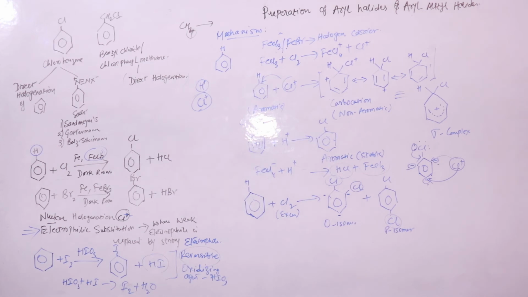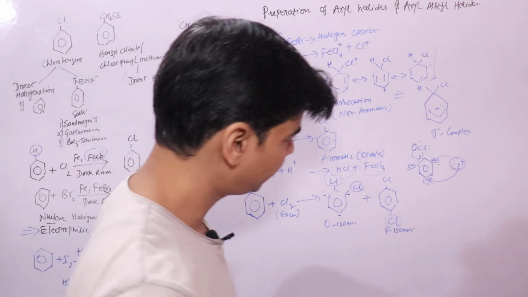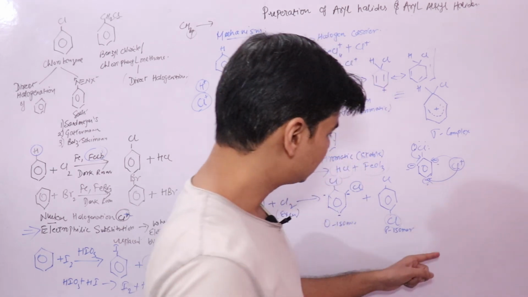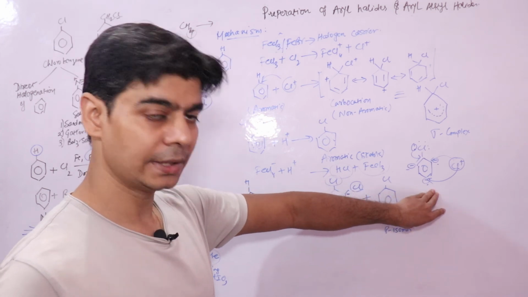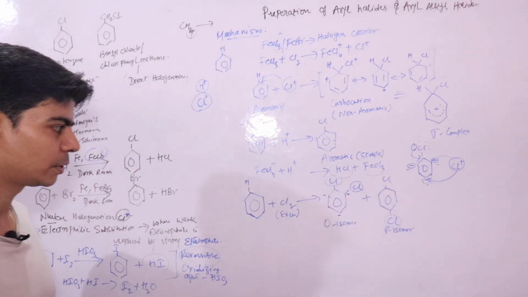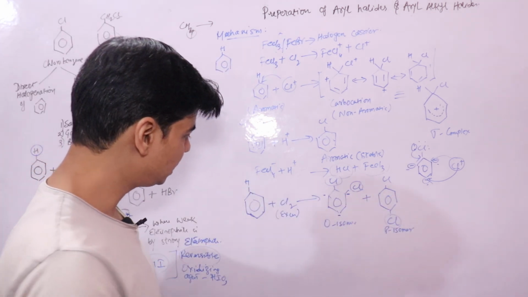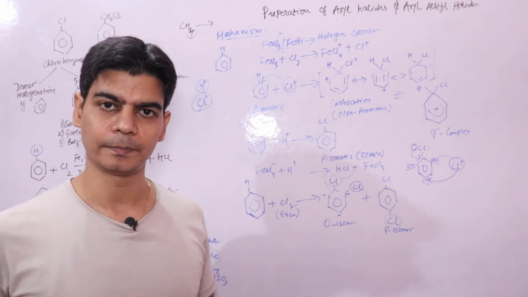I hope this is clear, right? So these are your ortho and para product, and we now are clear why we get ortho and para product, right? Because your benzene is ortho and para directing, right?